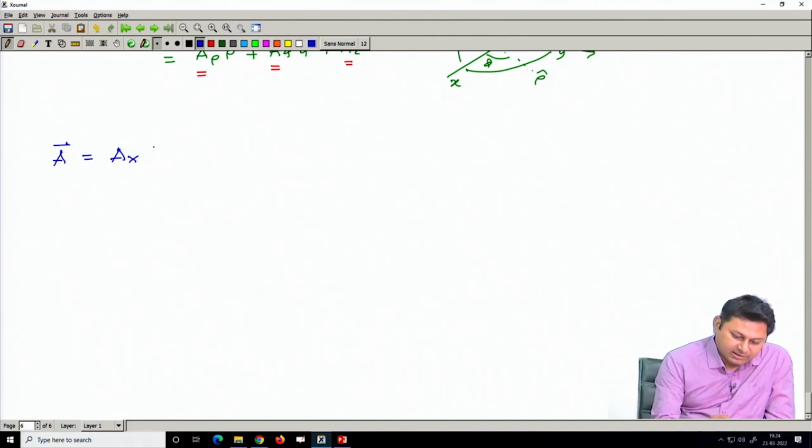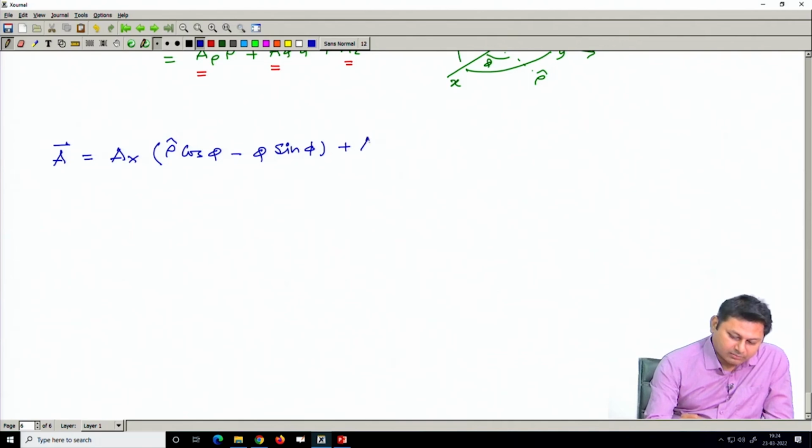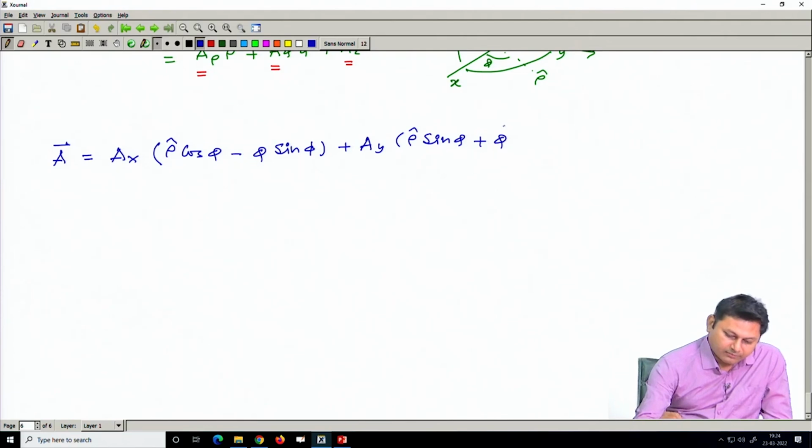So, A x, and in place of i I write rho unit vector cos phi minus phi unit vector sin phi, plus A y. What was j? It was rho unit vector sin phi plus phi unit vector cos phi. And z is simply the z unit vector.